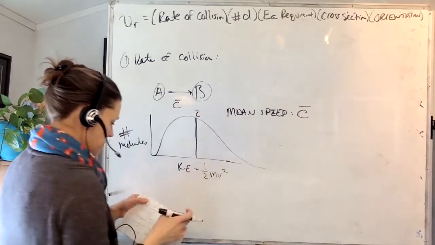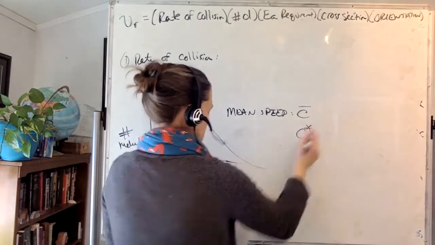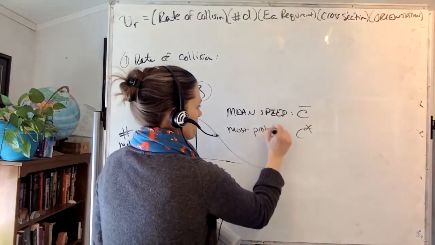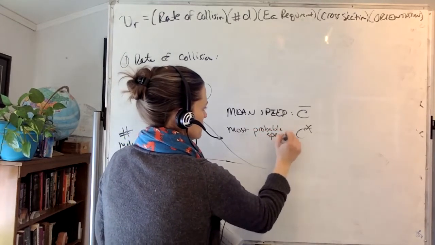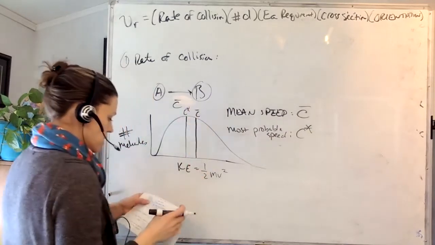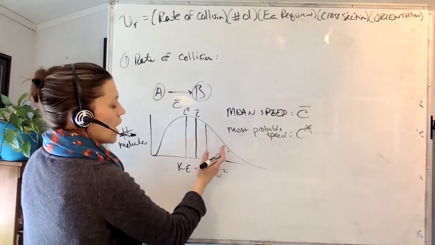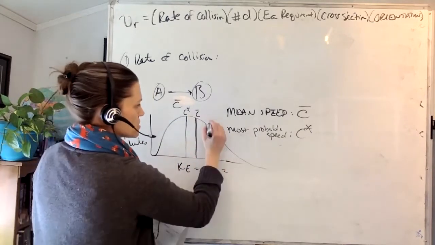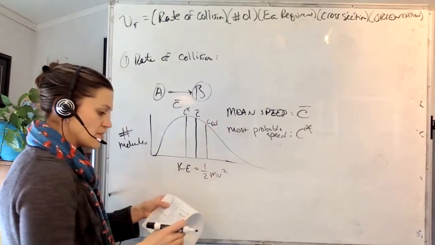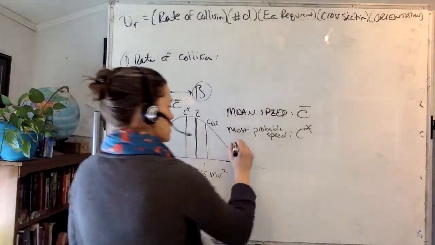Then you have C star, which is the most probable speed, and that's the top of your peak. And then a little bit toward the higher kinetic energy or higher velocity than C average, you have C relative. And this is the mean speed of A as it approaches B and vice versa.